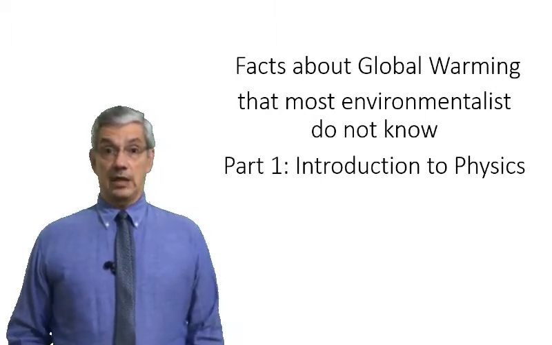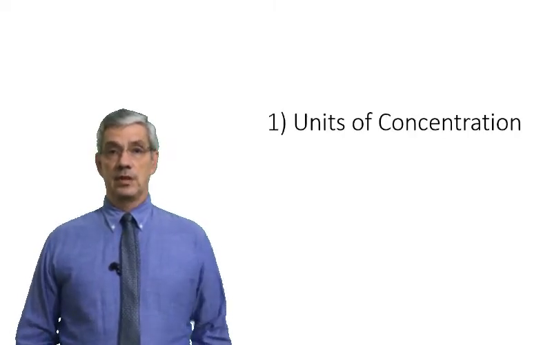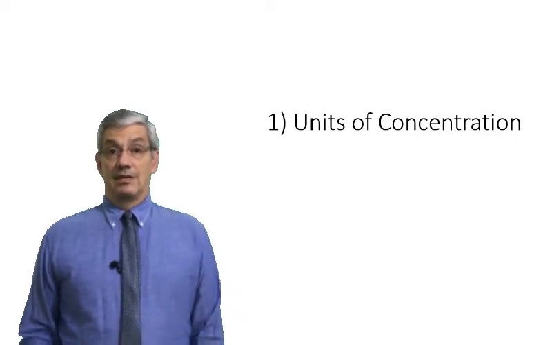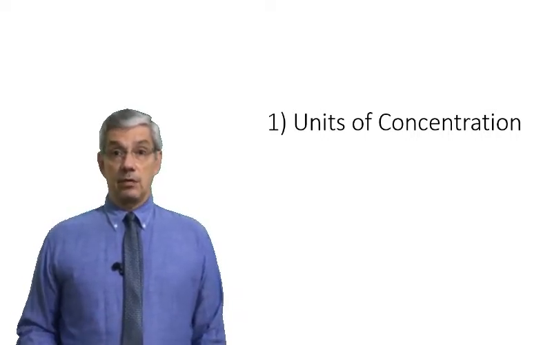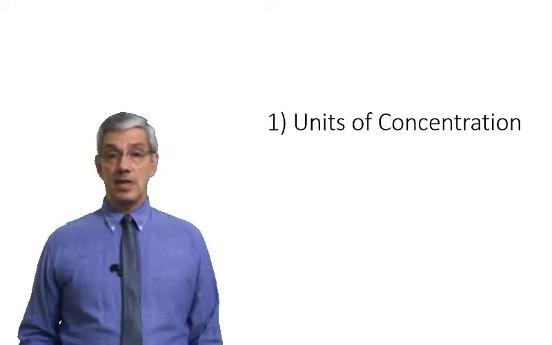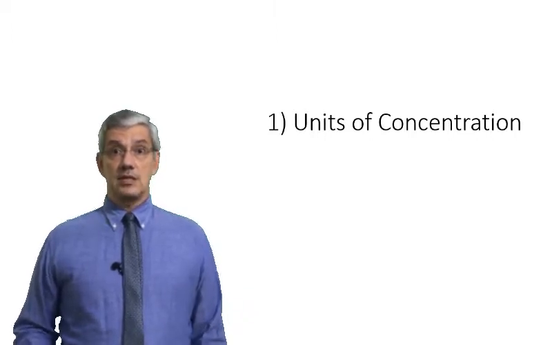Okay, let's begin. The first issue I would like to talk about is units of concentration. This seems silly, but I have seen a lot of people who speak about that without knowing what they are speaking about. It's really amazing how people commit mistakes about such a simple thing.